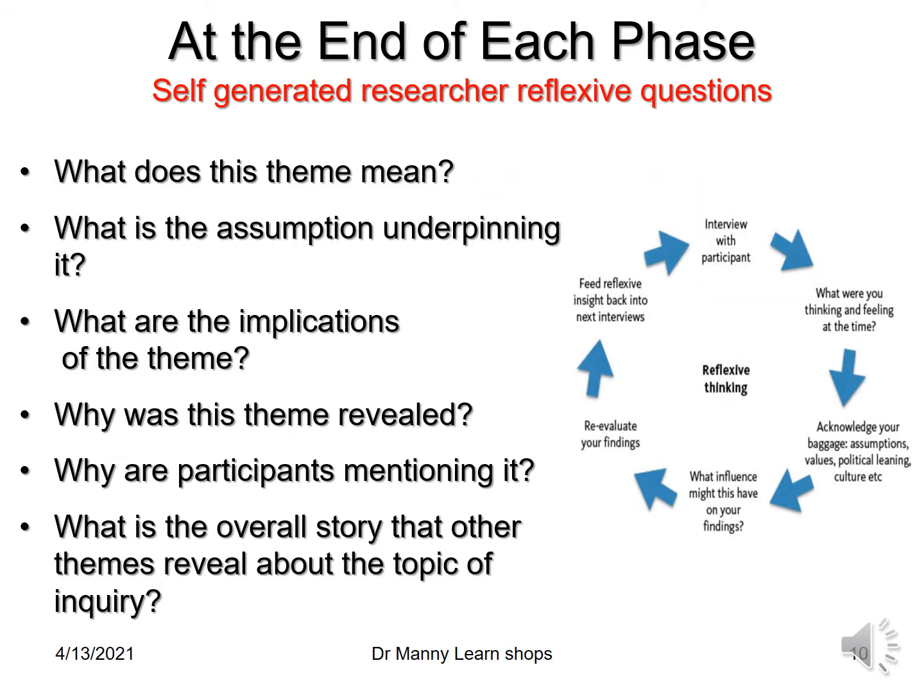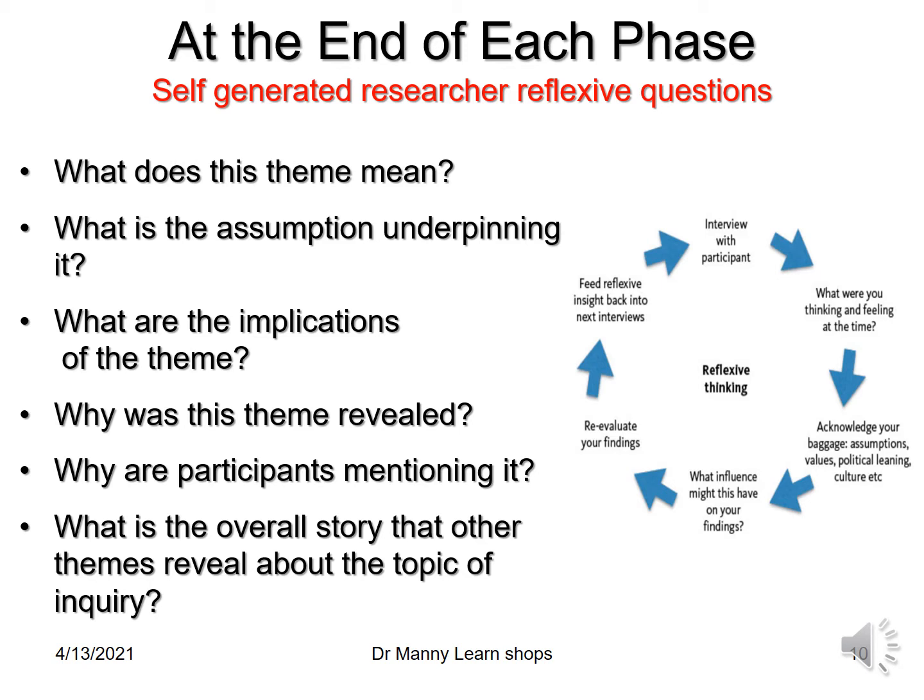So at the end of each phase, and I'm not going to repeat this for each section here, I'm just going to repeat it once, or maybe at the end as well, self-generated researcher reflexive questions are asked. And these are only my examples. What does the theme mean in relation to the research question? What is the assumption underpinning the theme?